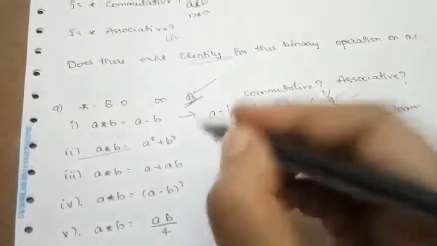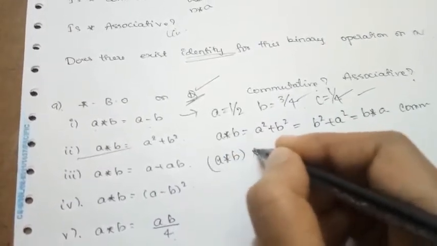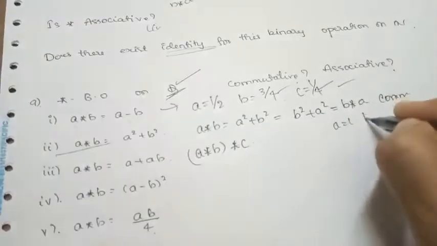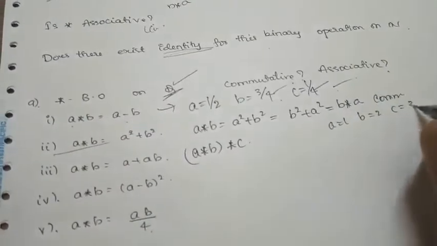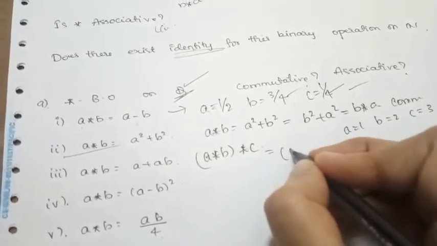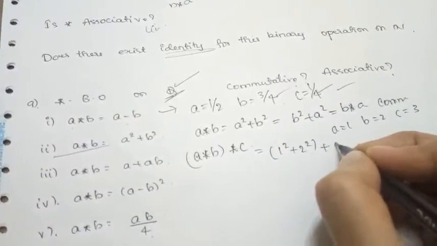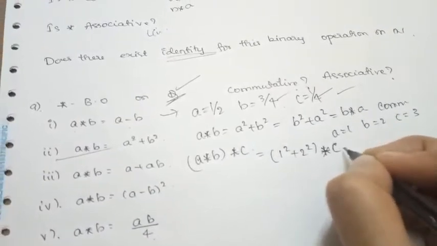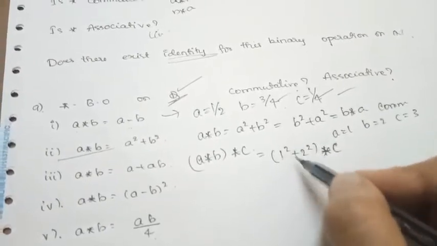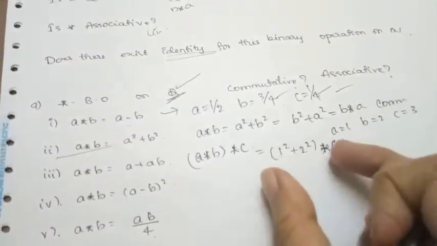So associative means how are we going to do it? A star B star C. Suppose I take the value of A equal to 1, B equal to 2 and C equal to 3. So what does A star B say? It says 1 square plus 2 square, star C. We need to solve this to clear the next step.